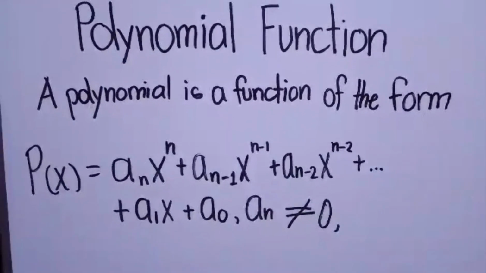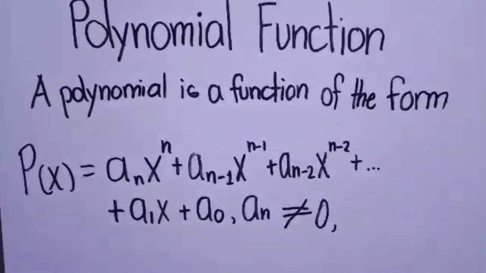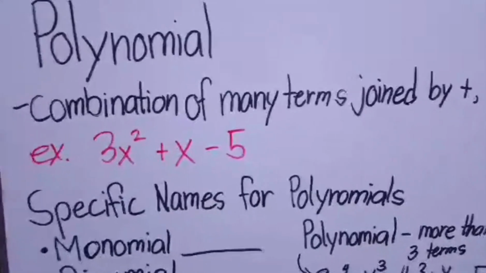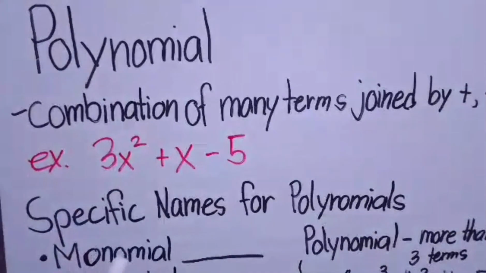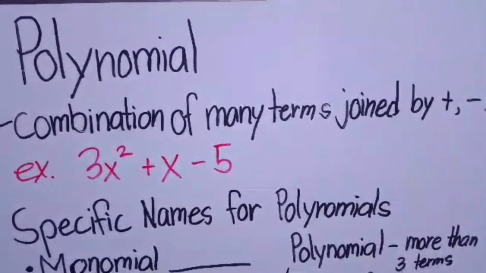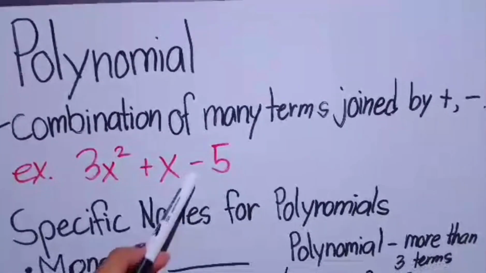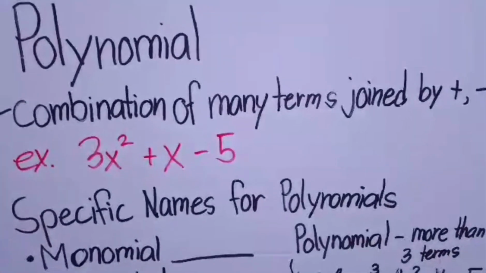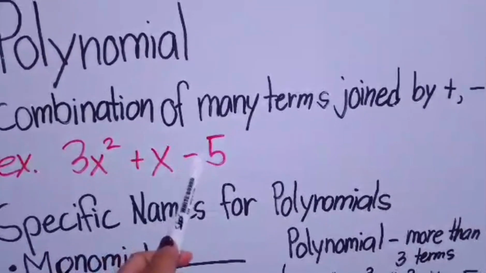The next question, guys, we will talk about the terms of the polynomials. A polynomial is a combination of many terms joined by positive and negative signs. For example, 3x squared plus x minus 5. This is considered a polynomial because it contains positive and negative terms.